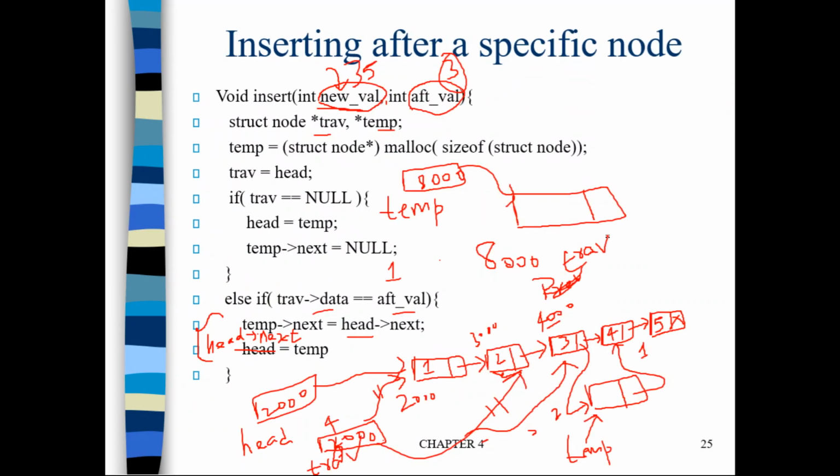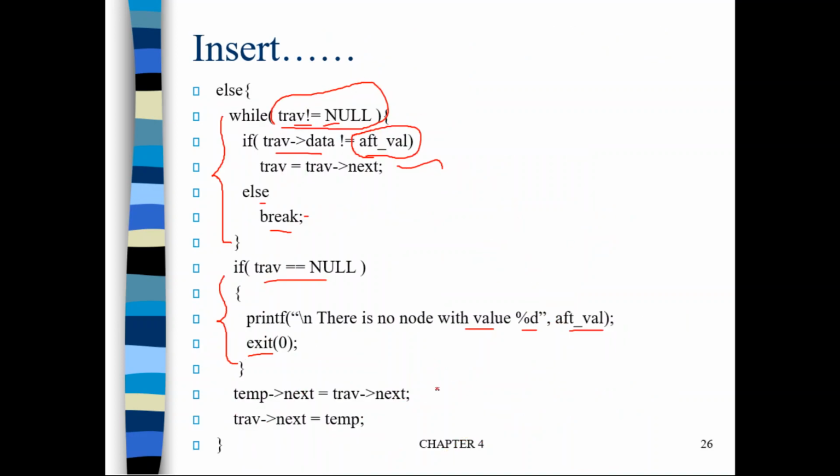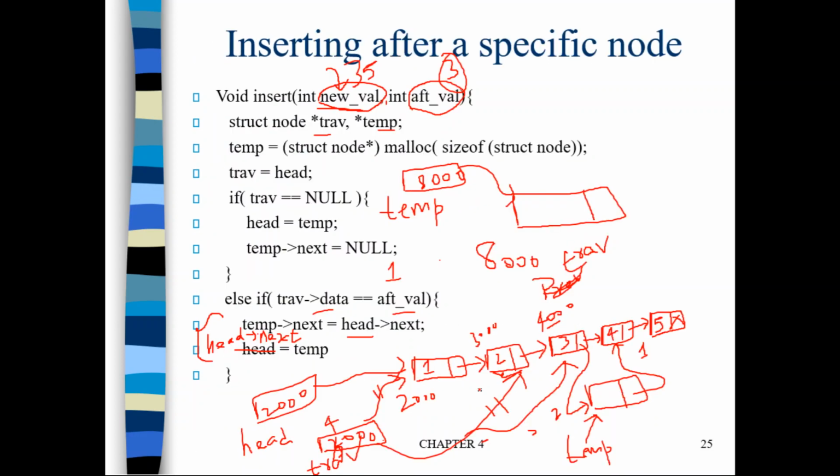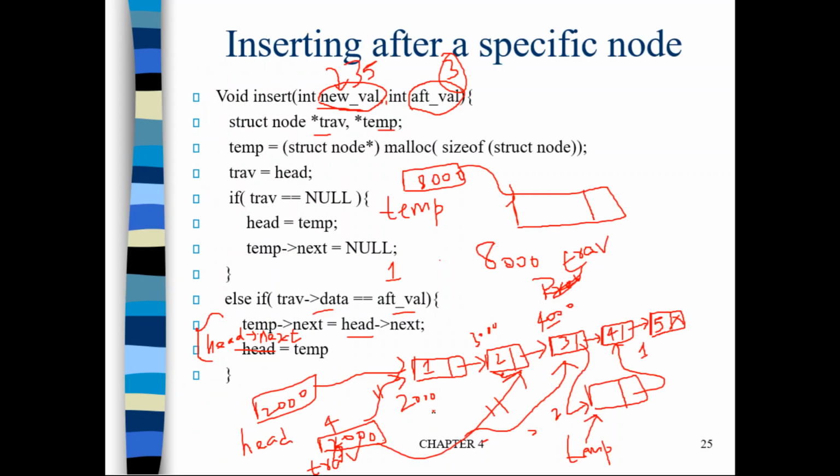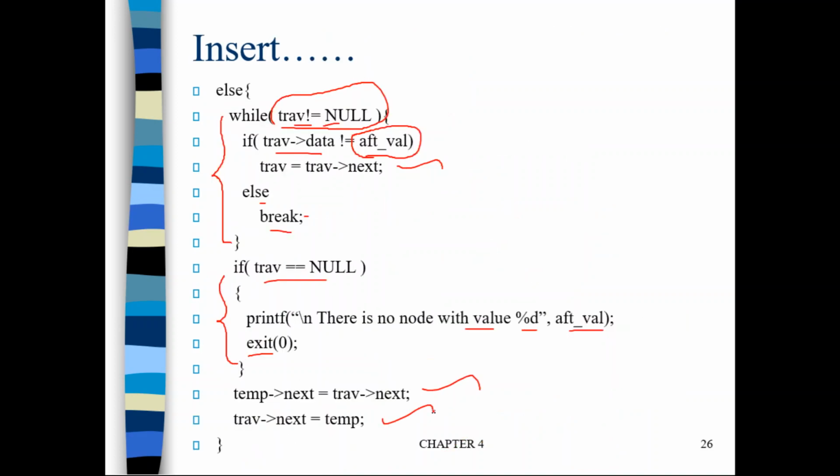And then traverse arrow next should point to temp. Traverse arrow next is equal to temp. So this logic will do that. This is how we insert a node into the linked list.